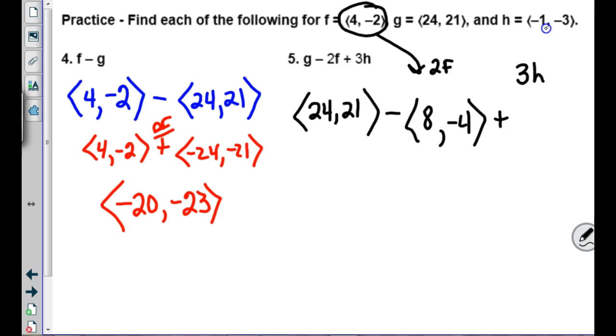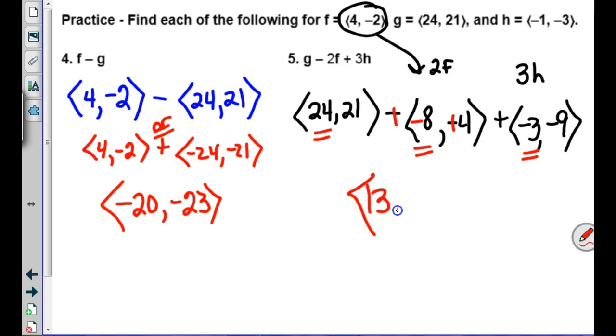If I write down 3h here, it would be what? Okay. Now, do you want me to distribute the negative and then add, or does that make you feel better? Me too. Distribute this. Okay. So now we have 24 and -8, which would be 16, and -3, which would be 13. Anybody else getting that? Or am I crazy?